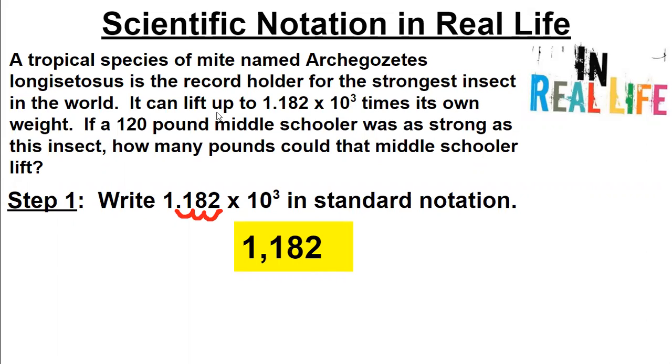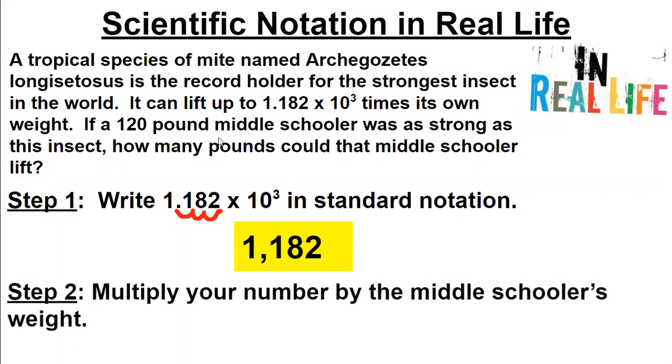So that's how many times its own weight this little insect can lift. So now we're going to think about that in terms of a 120-pound middle schooler. Okay, so if a 120-pound middle schooler could lift 1,182 times its weight, what would that be? So we're going to multiply our number by the middle schooler's weight.